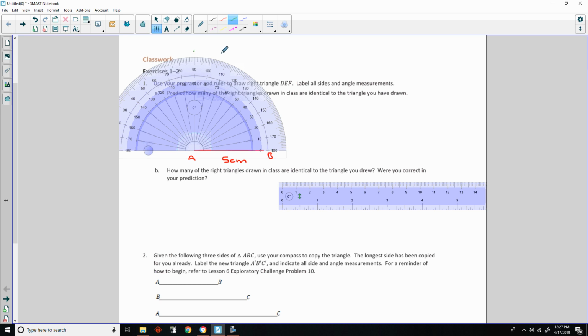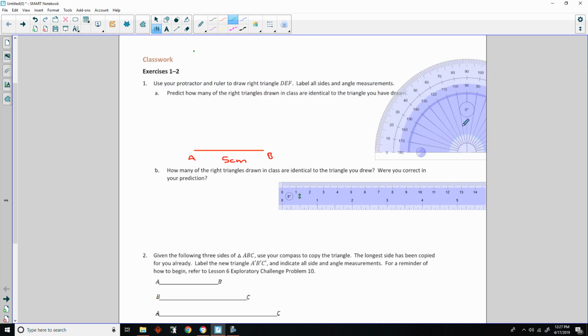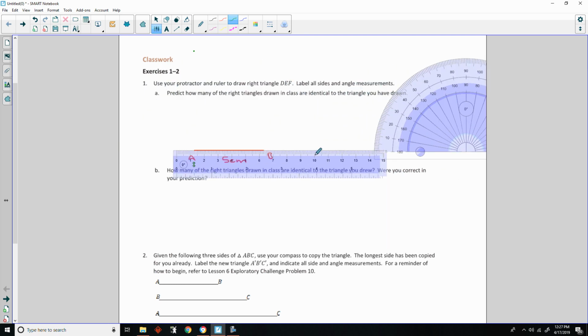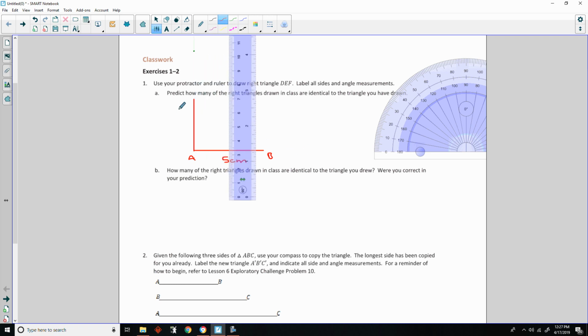Then I move my protractor out of the way, bring my ruler over, rotate it, put it on A, going up, and draw a line through. I don't have to go all the way to my point. I'll stop at the word "how" so I don't draw through the question. So there is my C right here.